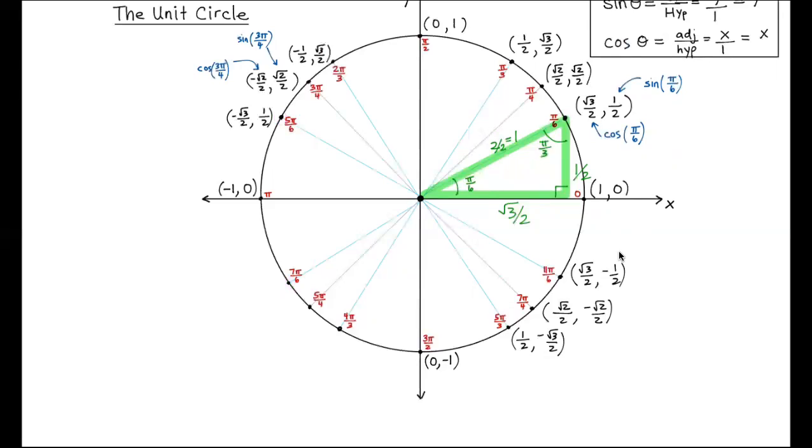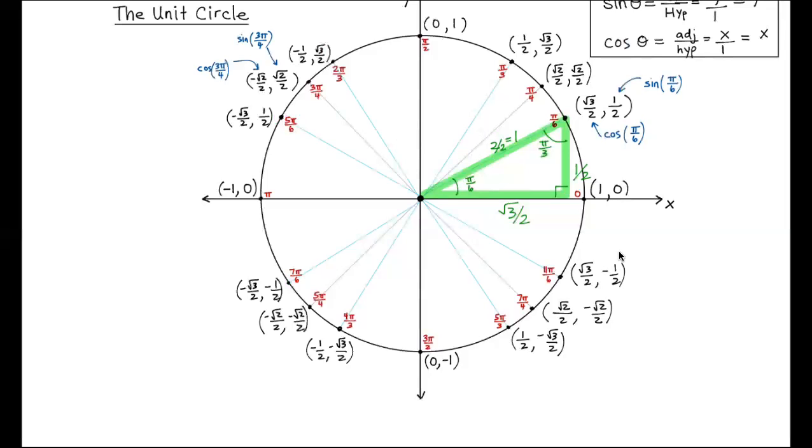So this becomes the point with x value minus root 3 over 2, and then minus 1 over 2. In that same fashion, I get the coordinates for all of these: minus root 2 over 2, minus root 2 over 2, and last but not least, minus 1/2, minus root 3 over 2.